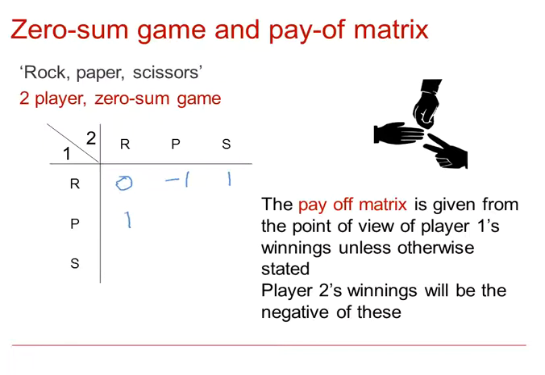If they were both paper, it would be a draw or neither would win. And of course the scissors cuts the paper, having a -1 there. If player 1 plays scissors, then they will be blunted on the rock, they will cut the paper, and if the other person plays scissors, then again neither win.